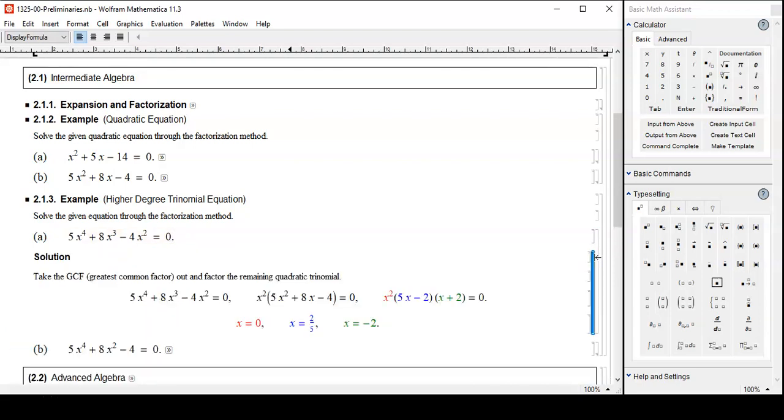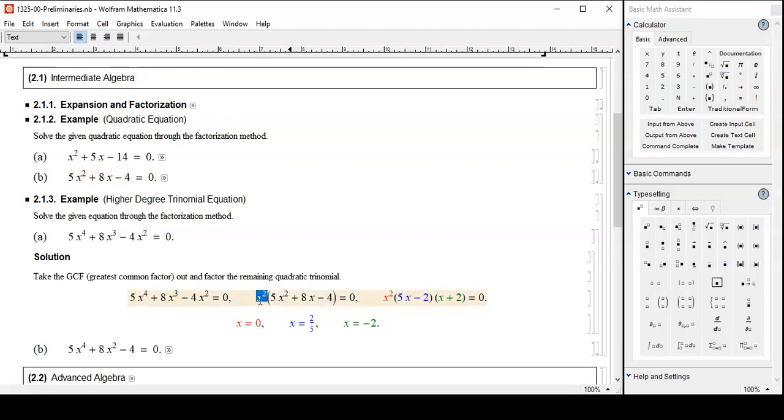Take the greatest common factor out. GCF, the greatest common factor. Take x squared out. Then what's left is second power, first power, and zero power. And what do you end up with? The very same equation we saw before.